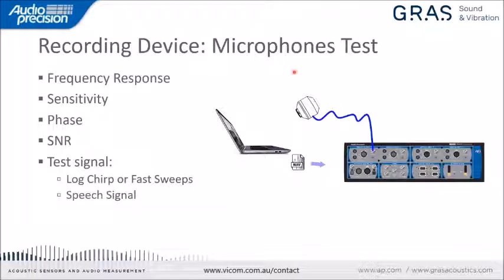In the case of the microphone test, we can, of course, again, measure the frequency response, but in this case, it will be the frequency response of the microphone or microphone arrays in the laptop or tablet. We can measure the sensitivity of the microphone just to check that the sensitivity value is still under certain tolerances after the laptop is assembled, for example.